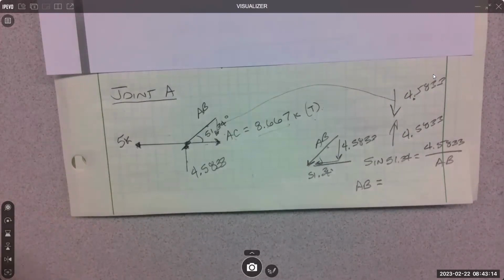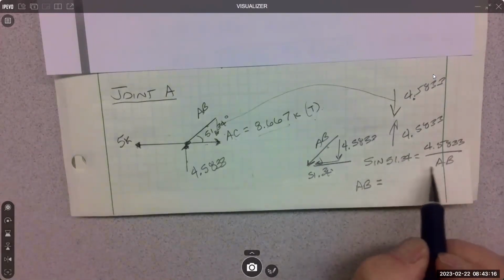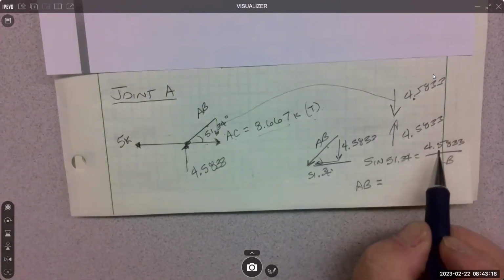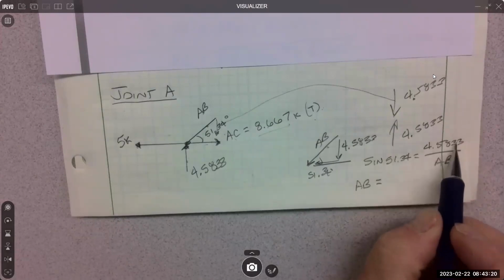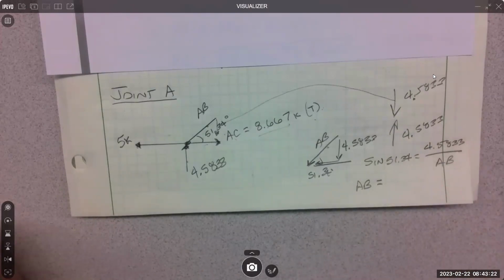Again, got to do my algebra. These two switch places. So it's going to be the 4.5833 divided by the sine of 51.